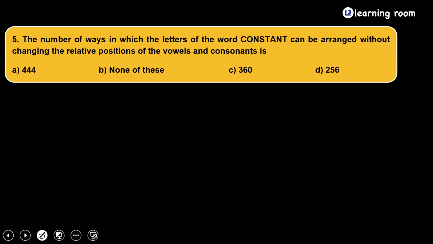The number of ways in which the letters of the word constant can be arranged without changing the relative positions of the vowels and the consonants. Read the question carefully. They're not saying change the position, they're saying changing the relative positions. So try to understand the meaning of it. Here, English is important.